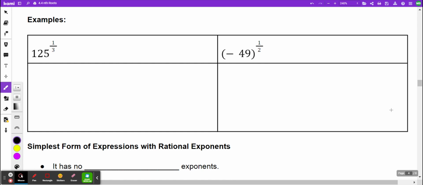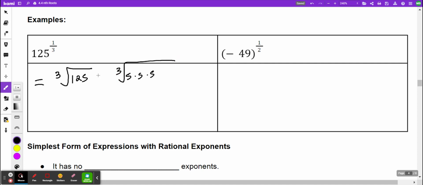If I have 125 to the 1/3 power, that's going to equal the cube root of 125. And I just so happen to know that 5 times 5 times 5 is 125.